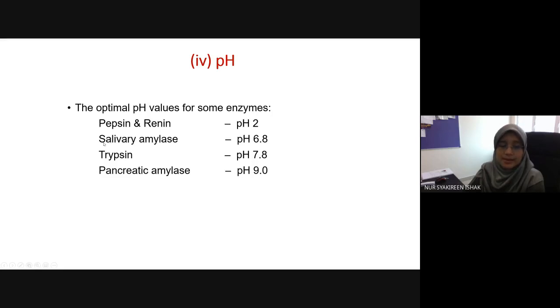And then you have the salivary amylase, the enzyme found in your saliva, in your oral cavity, produced by the salivary glands, which the optimum pH is around 6.8, around neutral pH. And then you can have trypsin, pH is 7.8, and then pancreatic amylase is 9.